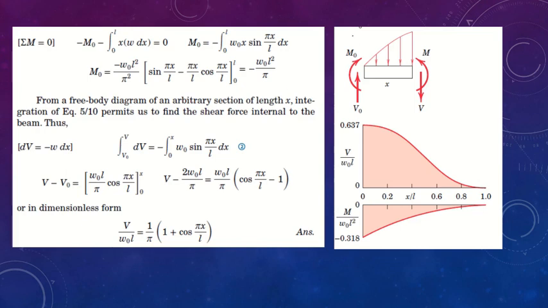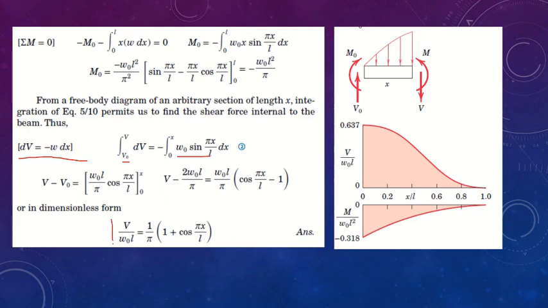We are going to write V as a function of x here, and we have the value of W as a function of x. We open this equation, and after going through the algebraic calculations, we find the value of V as a function of x.